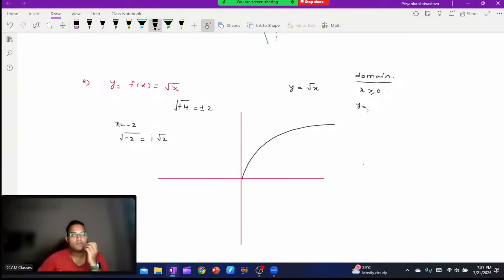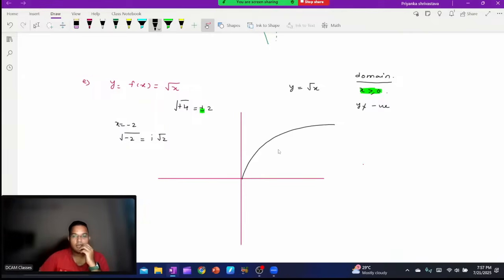No. Not possible. So y can't be negative. It is because of how you have defined this domain. Even though you are getting y as -2 when you put x as positive, those y values you won't be counting, because we have defined the function as such. Understood?